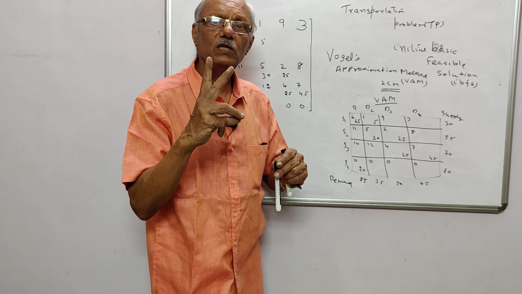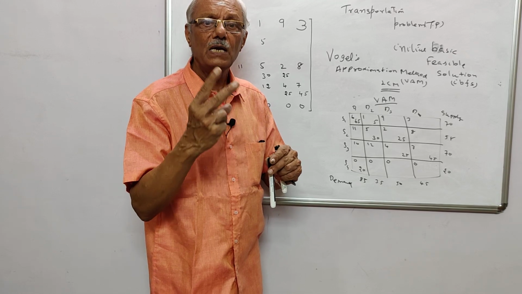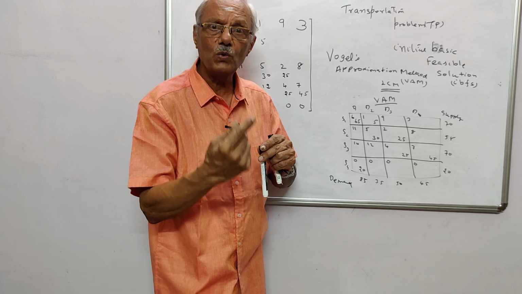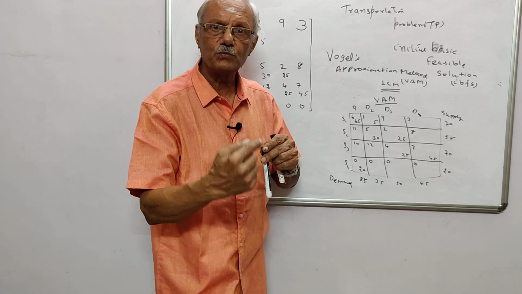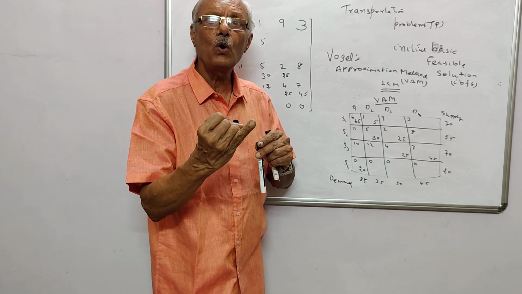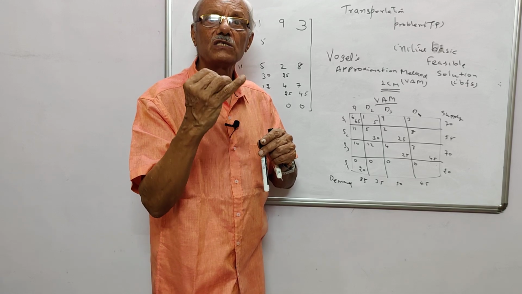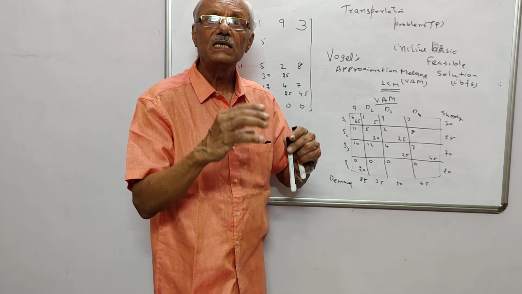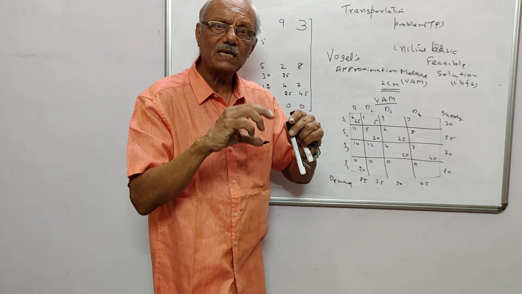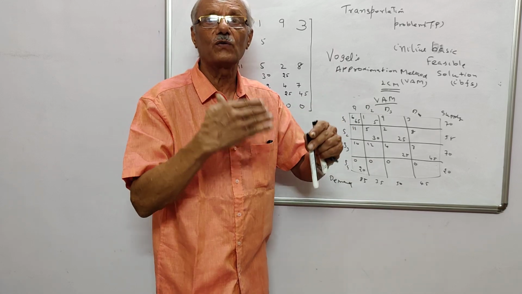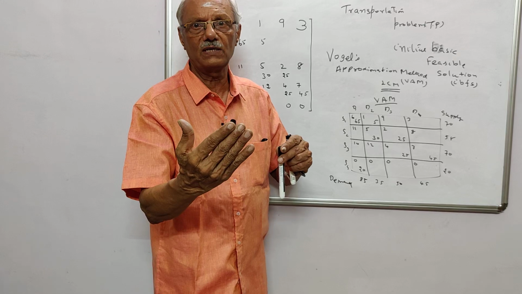Two things must be known as prior knowledge in the transportation problem. Number one, you must know how much each source is capable of manufacturing, and what the requirements of the destinations are. Are you able to understand?